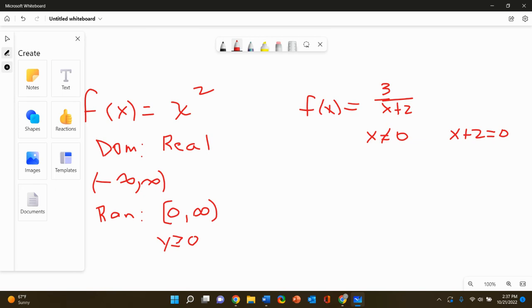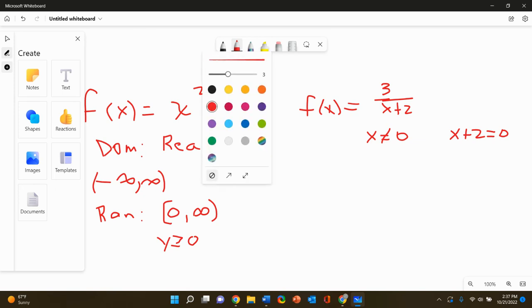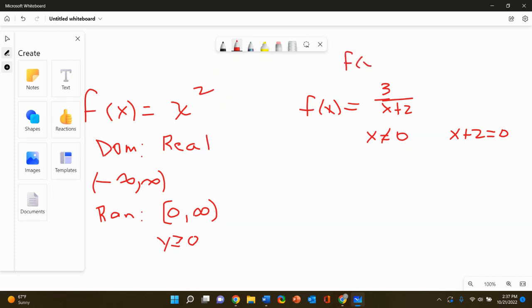If I added that 2, so the original function, let's put it up here so we know that we are talking about two different things here. So for this one, the limit is x cannot equal 0. On this amended graph here, if I subtract 2, I know that x cannot equal -2. So that's how you're going to get your limits to your domain.